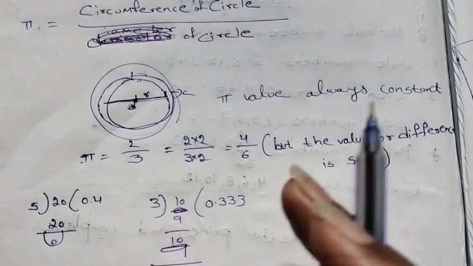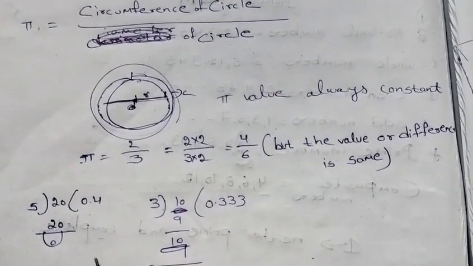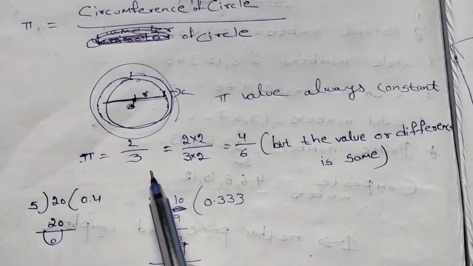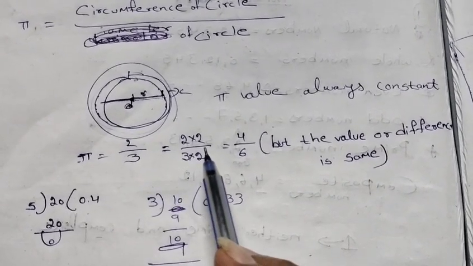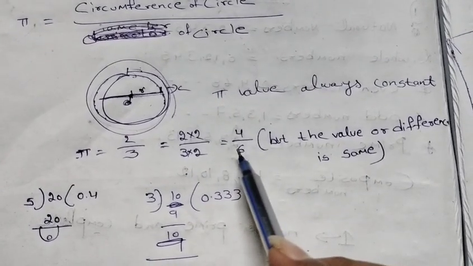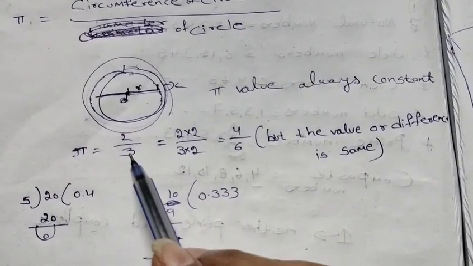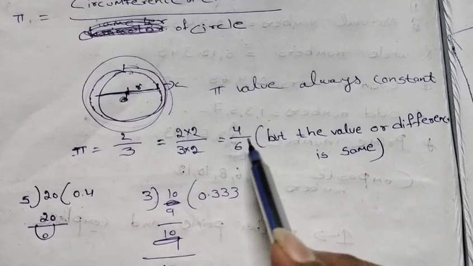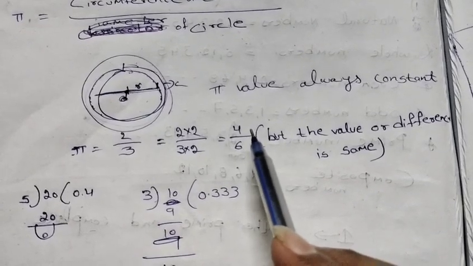We can take an example to understand it. Like 2 by 3, we can multiply by 2: 2 into 2 and 3 into 2, so it's 4 by 6. But for 2 by 3 and 4 by 6, the value is the same.